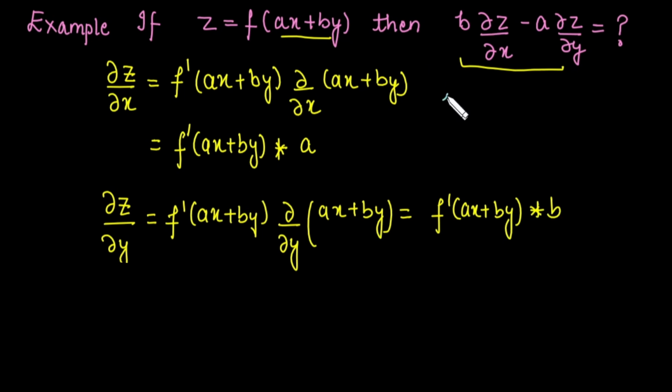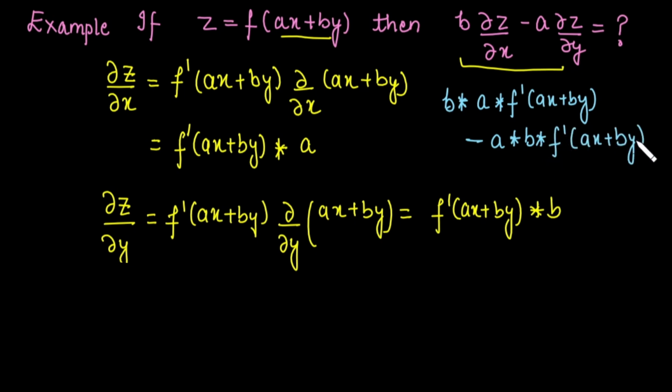Now substitute these values over here. We have b times the partial derivative of z with respect to x, which is a times the first order derivative of the function, minus a times the partial derivative of z with respect to y, which is b times the first order derivative of the function.